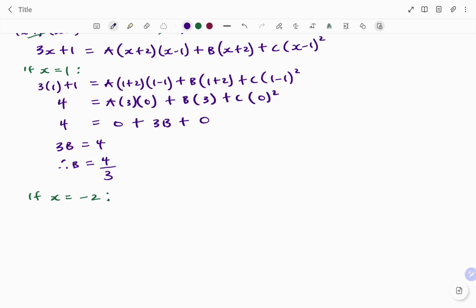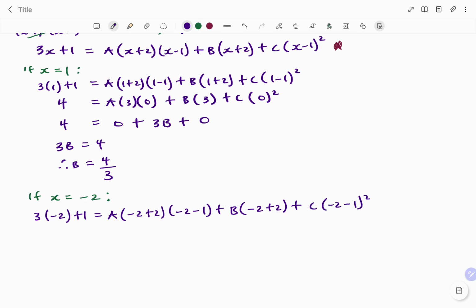Going back to my original equation, which is the start equation, I'm going to change all the values of x to be -2. So I have 3 in bracket -2 plus 1 equals a in bracket -2 plus 2, -2 minus 1, plus b in bracket -2 plus 2, plus c in bracket -2 minus 1 all squared.